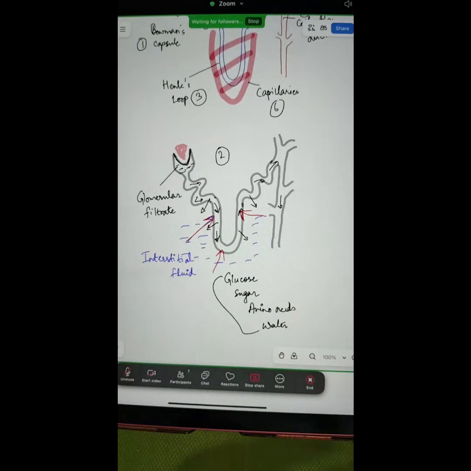So tubular reabsorption is occurring from the tubular part of the nephron towards the interstitial fluid, and the secretion part, the last step of urine formation, tubular secretion, will occur from the interstitial fluid to the tubular part. So all these ions which are required to be excreted out will become a part of the glomerular filtrate, and if they become a part of the glomerular filtrate they will definitely become a part of urine as well.